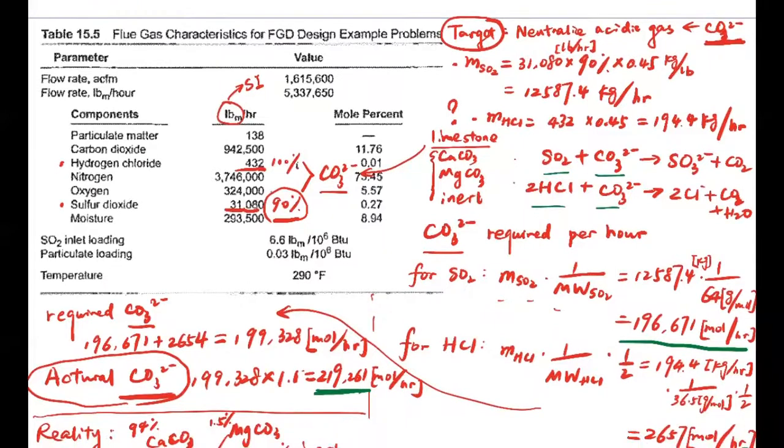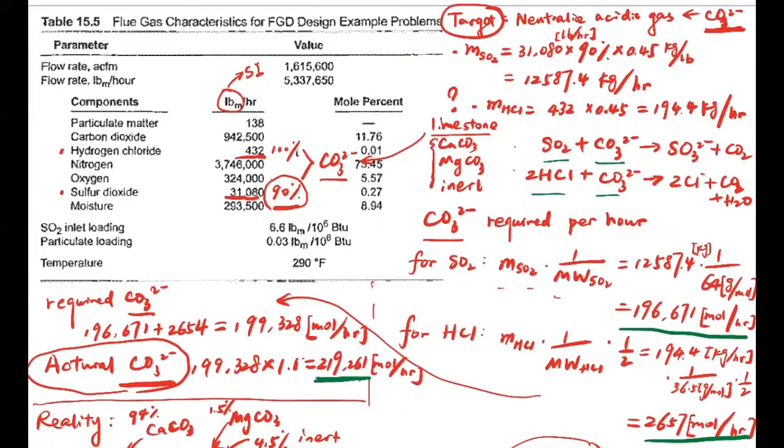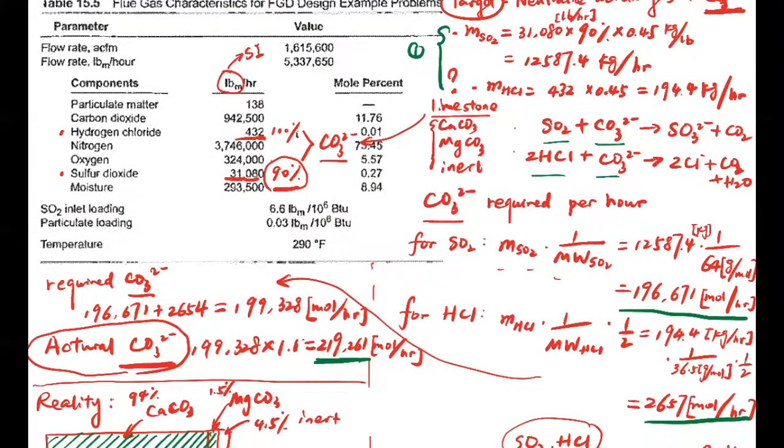Okay, so we can separate that into multiple steps. The first step is to find out how much acidic gas we need to deal with. That's generally given by the table or by the question there, right? Similarly, we can calculate the amount of sulfur dioxide we can generate from the coal-fired power plant. So that's already known, right?